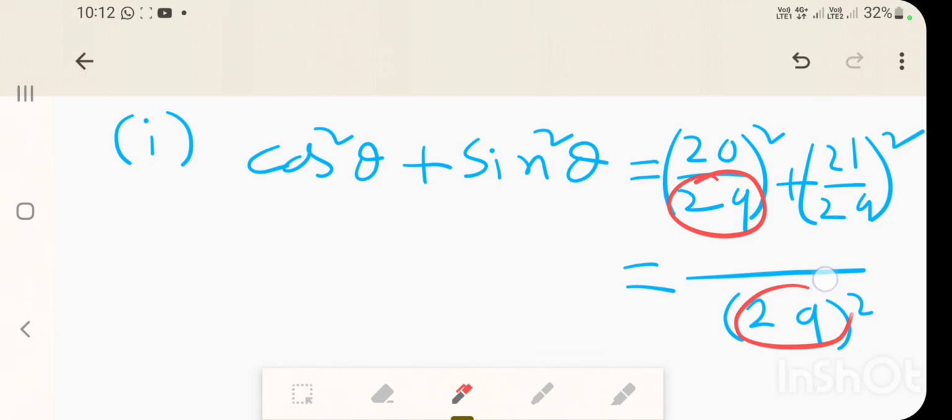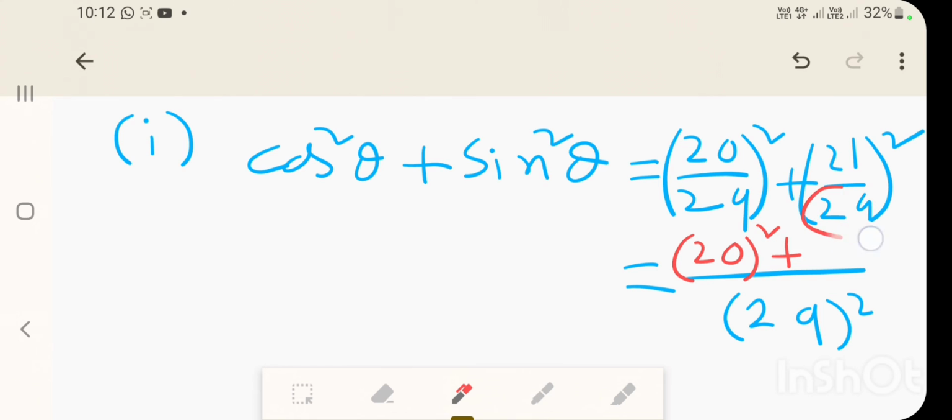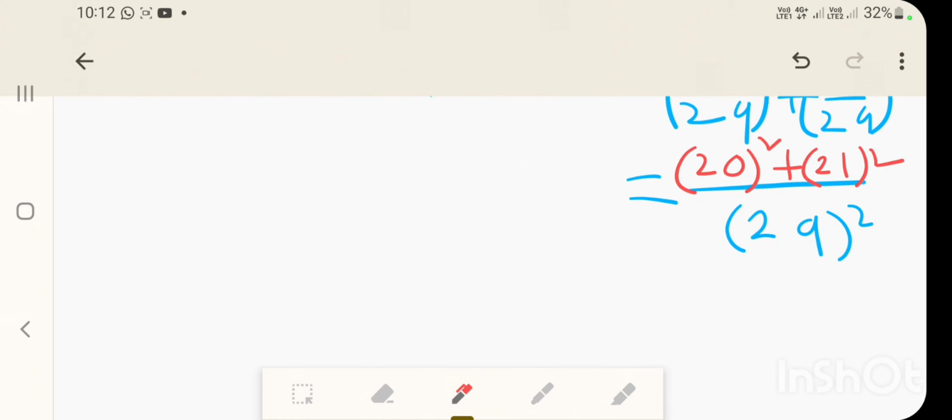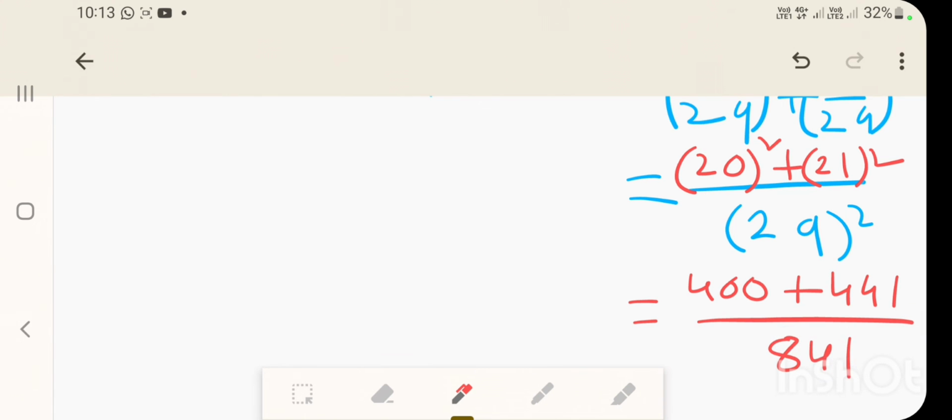For the first term, 29 square in the denominator cancels, and we get 1 into 20 square. Same way for the second term, 29 square cancels, and we get 1 into 21 square. So 20 square is 400 plus 21 square is 441, divided by 29 square, which is 841.